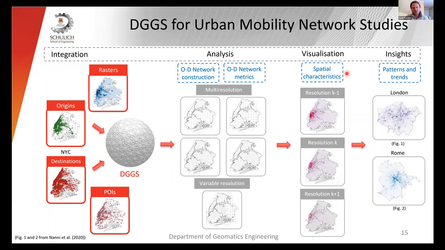Moving on from analysis to visualization, because of the multi-resolution properties, we can visualize hotspot locations and the spatial characteristics of those hotspots at different resolutions. And then going even further, because the DGGS framework is a global structure, we can repeat this type of study for any urban environment on the planet, obviously assuming we have the data.